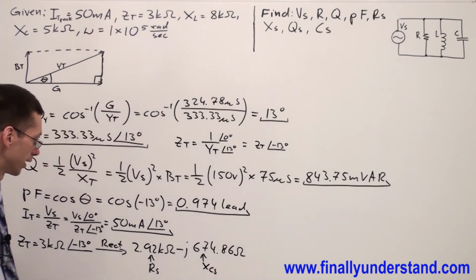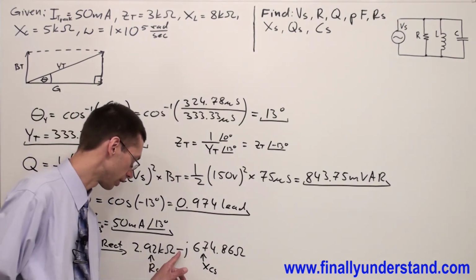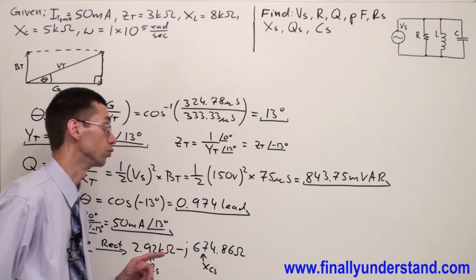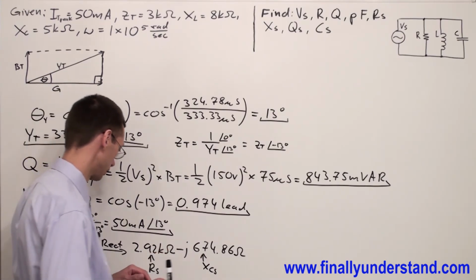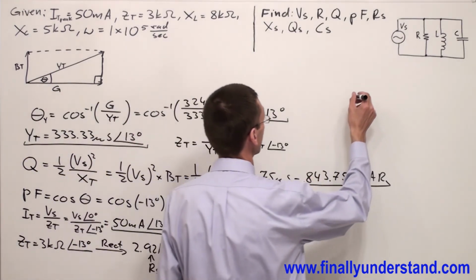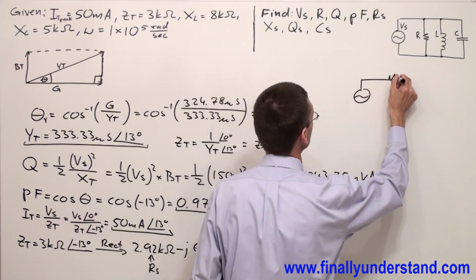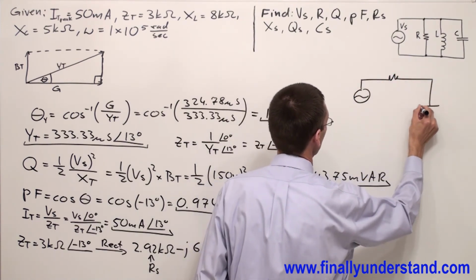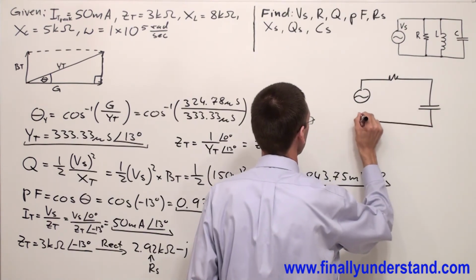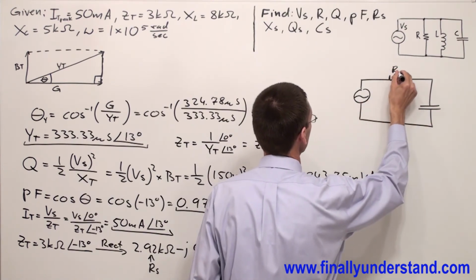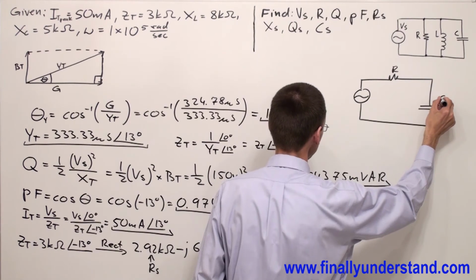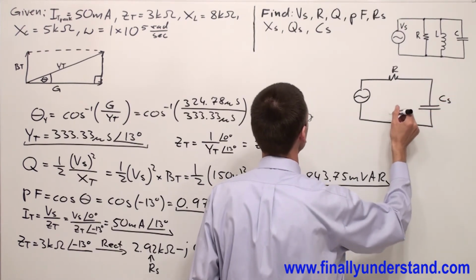This is the capacitive reactance because I have negative sign next to j. So we can draw right now the series equivalent circuit, a resistor and capacitor. This is resistance, and this is my capacitor Cs.